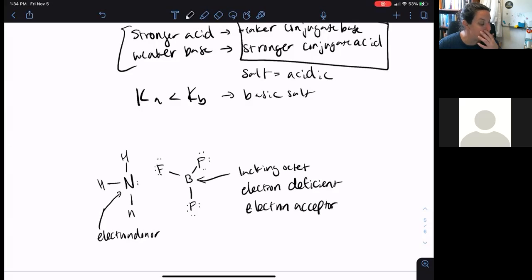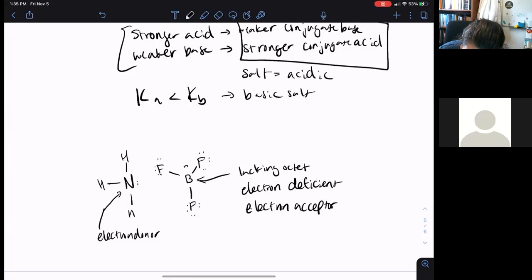And usually finding which one the electron acceptor is a little bit easier because on the right molecule, BF3, we have 3 atoms with electrons. So it's a little bit harder to distinguish which one will be your electron donor. But your electron acceptor is going to be the thing that is electron deficient.